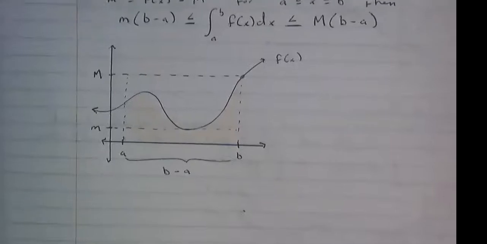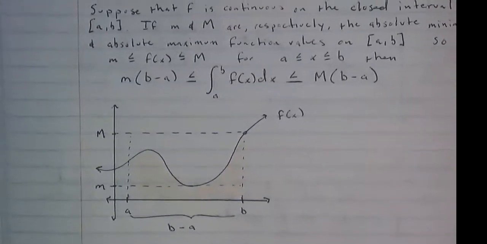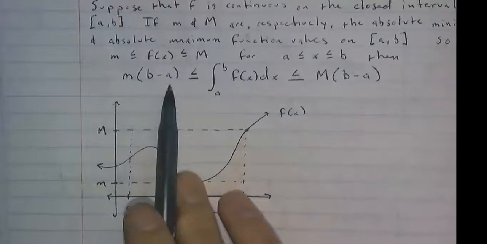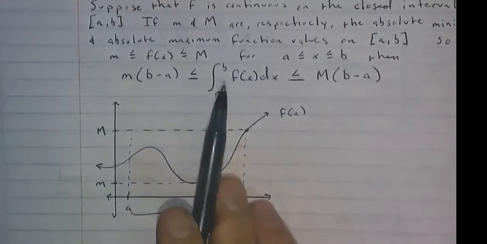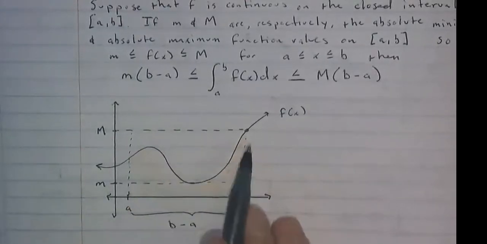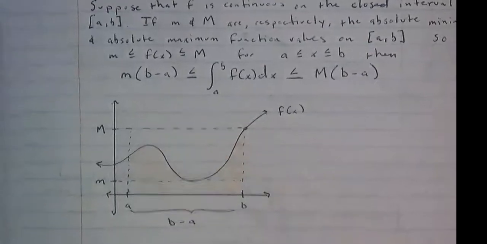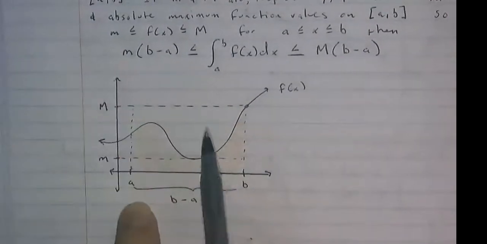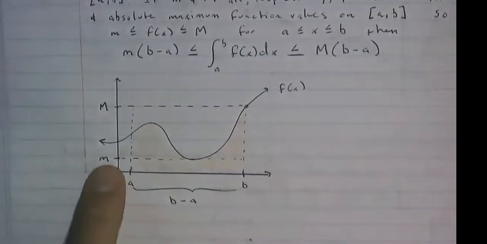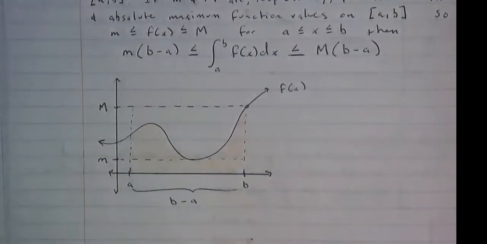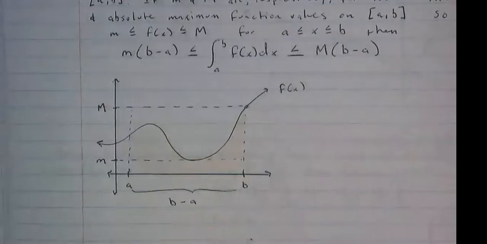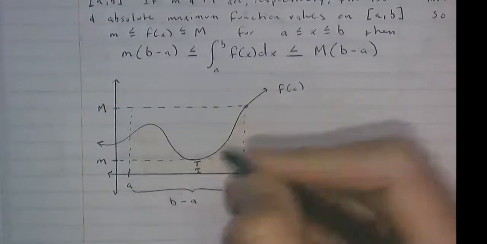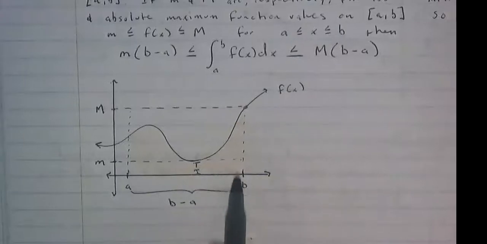So what this theorem is saying is that the minimum value times this quantity b minus a is less than the area under this curve. Well, geometrically, m times b minus a, let's go look at that. m is this minimum value, which is also the height of this rectangle here.